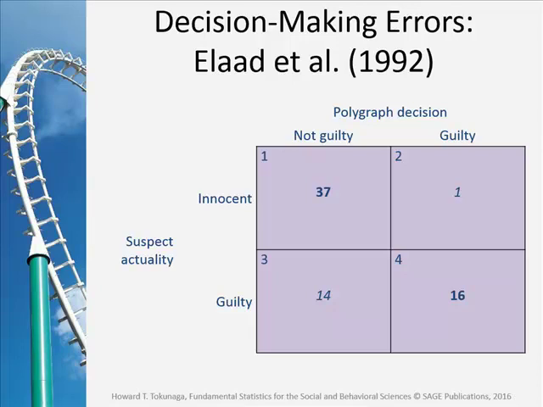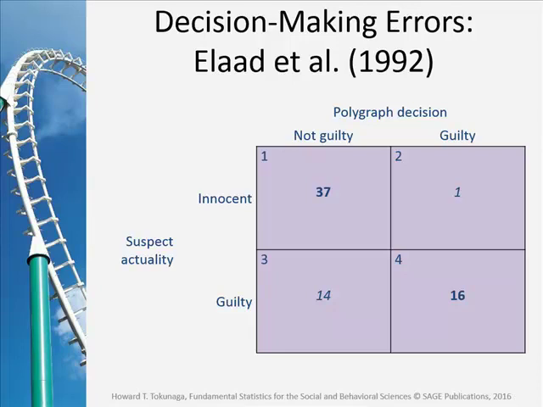You can turn that into a probability, right? That's a percentage. 16 out of 17. How frequently did the polygraph say you were guilty when you were actually innocent? 1 out of 17.